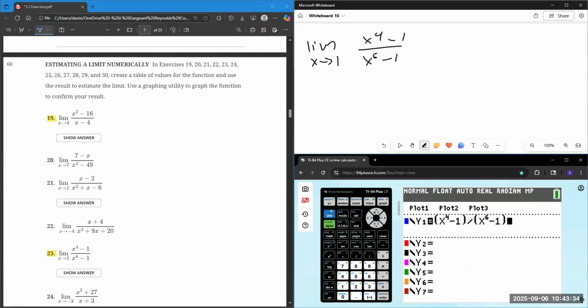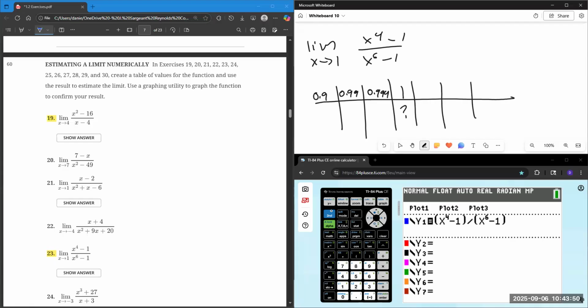Let's make our chart. We don't know what's going to happen at 1. Let's go 0.9, 0.99, 0.999, 1.1, 1.01, 1.001.